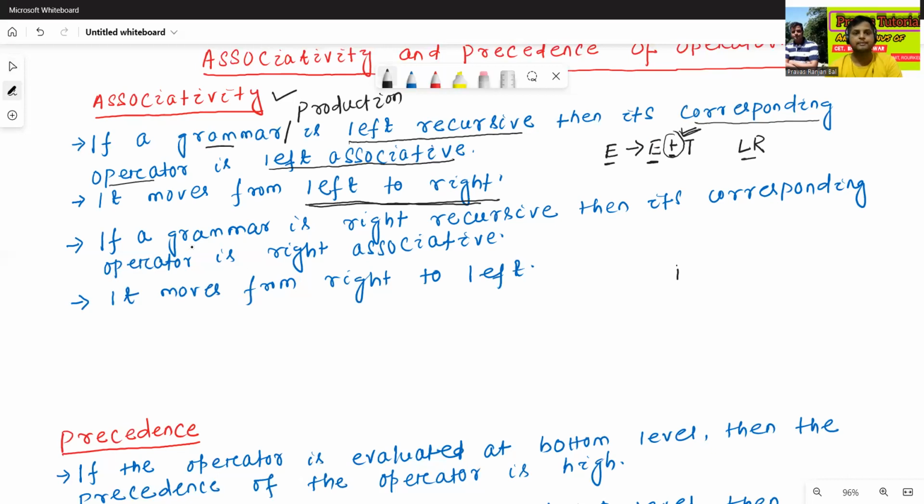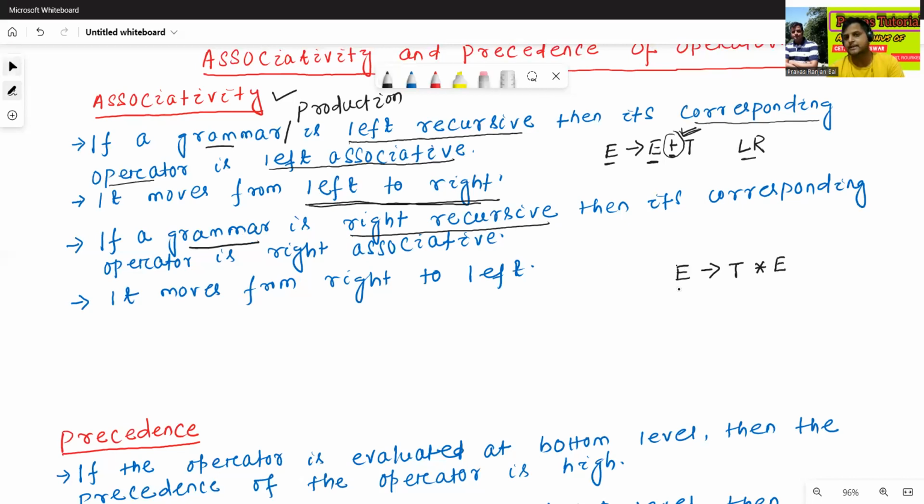Next point, if the grammar or production is right recursive, suppose like this, E → T * E, right?